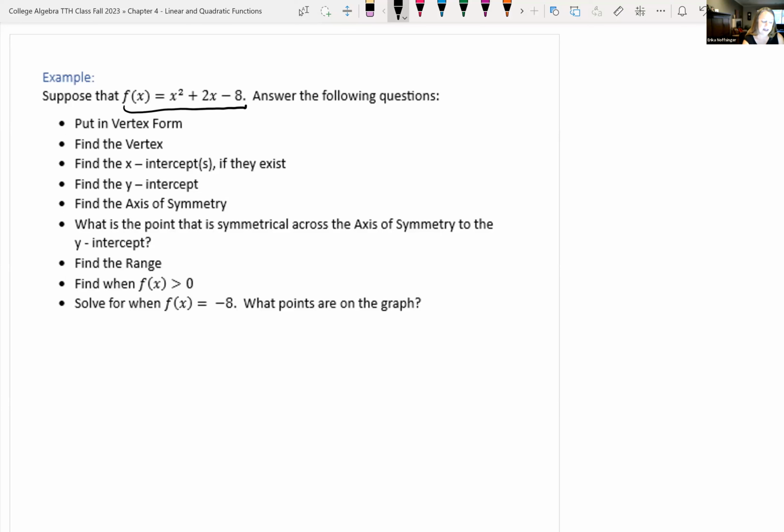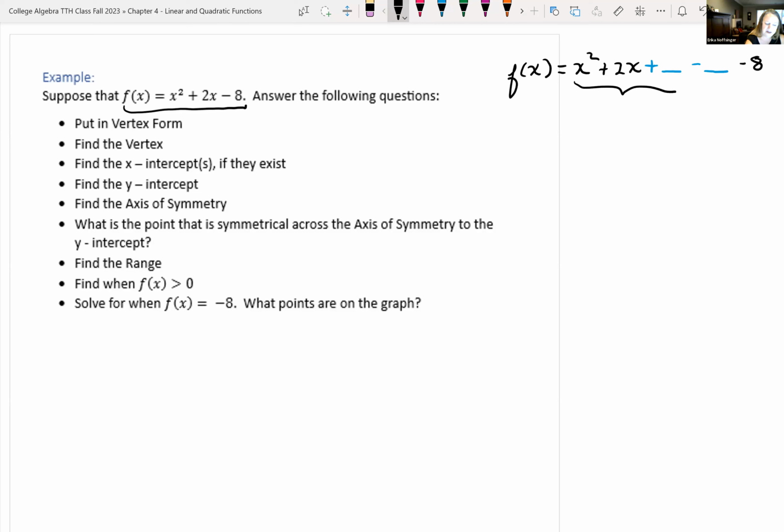Looking at this, we have f of x is equal to x squared plus 2x. I'm going to want to complete the square on my x terms, so let's leave some space here. We're going to add some number in here that's going to make this a perfect square, but whatever we add, we want to subtract, so it's like we're adding 0. And then we have a minus 8.